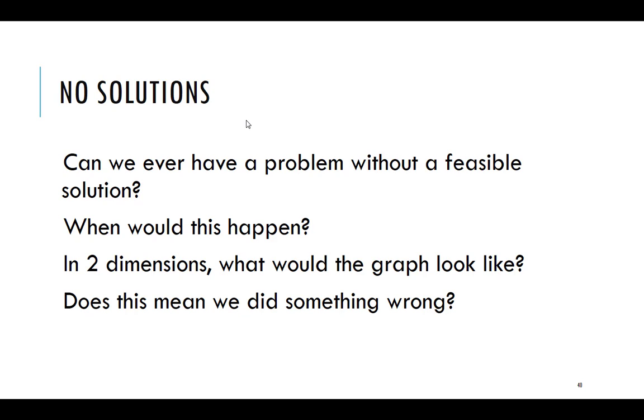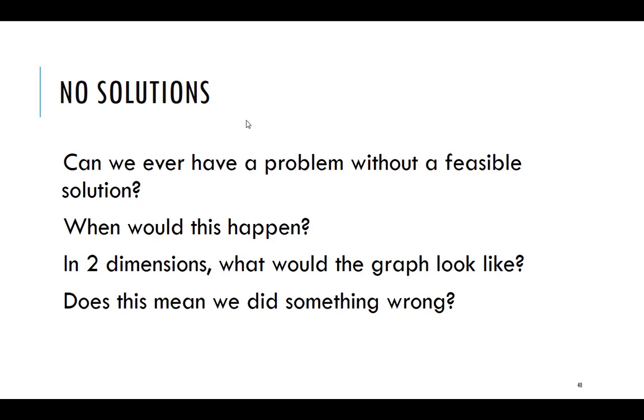So I need to make sure that it's a contiguous region. In two dimensions, we could draw it where we have two different parts that are shaded yellow like we had in the picture before.